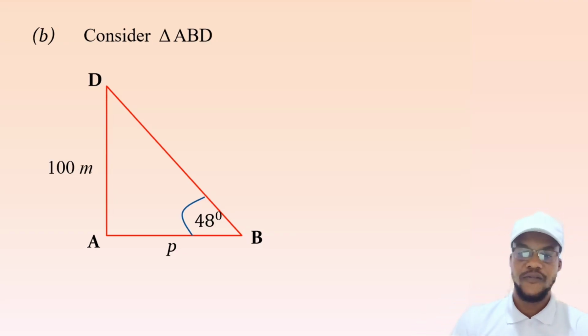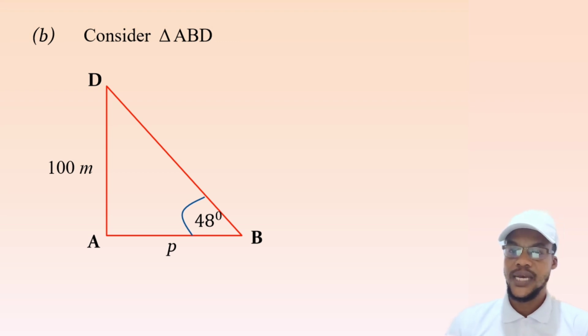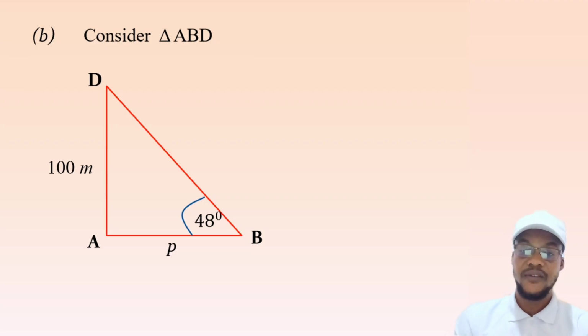So how do we find P? Because we are given one angle which has the opposite side of 100 meters, the only appropriate way we can do this is by using the trig ratios. We have the sine, the cosine, and the tangent. If we had been given two different sides, then we would have used Pythagoras theorem to solve this.